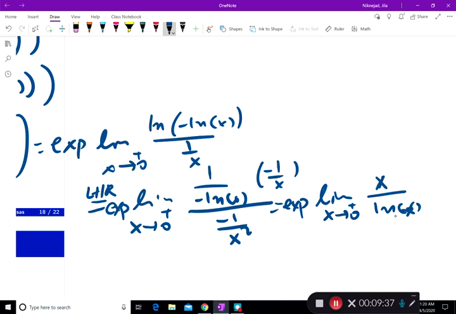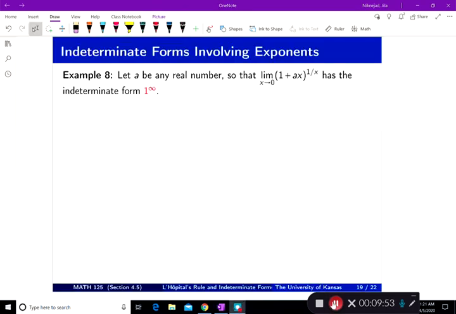This is not an indeterminate form, and this is going to end up being equal to 0, and so it's again exponential of 0 equal to 1.